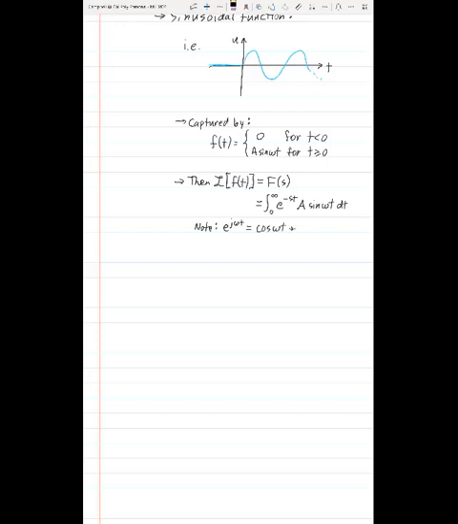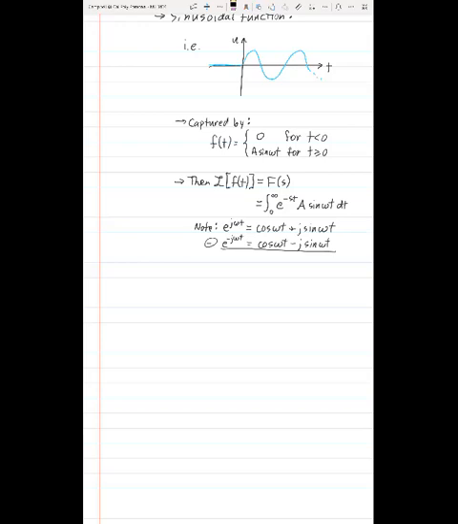So from the different forms of Euler's equation, we have e to the j omega t is equal to cosine omega t plus j sine omega t. We also have e to the negative j omega t is equal to cosine omega t minus j sine omega t. And here I'm going to subtract these two.